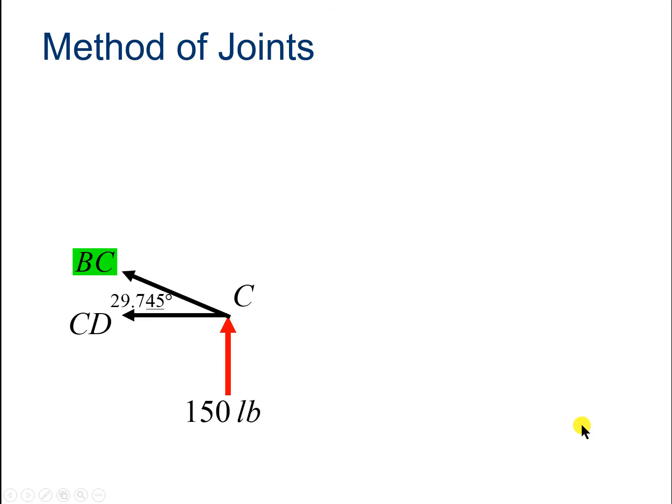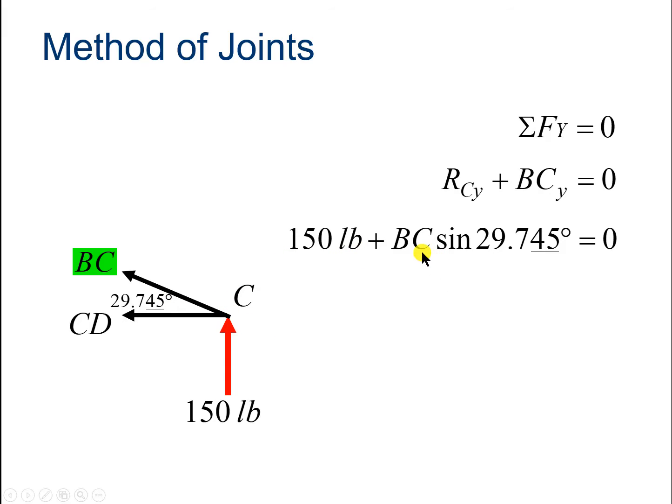Let's go over to C. Let's find out BC's force, internal force in that member. Let's start out in the y direction since we know the reaction force here. So RCY, which is 150 pounds, plus BCY, which is the y component of this one, equals 0. 150 pounds plus BC sine 29.745 equals 0.